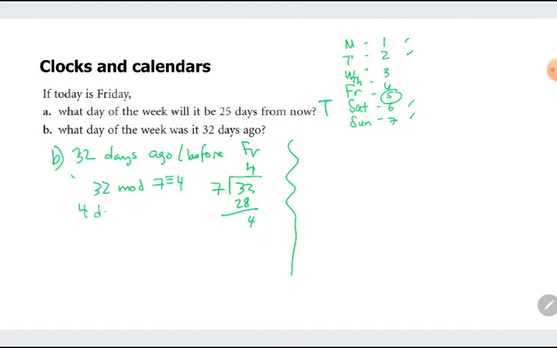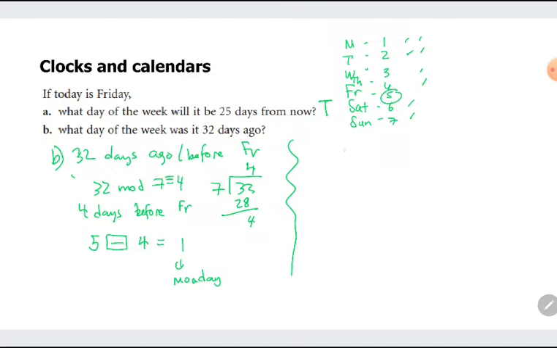So 4 days before Friday. In symbol form, Friday is 5, before or ago is minus 4. So 1, 2, 3, 4, which is a Monday.